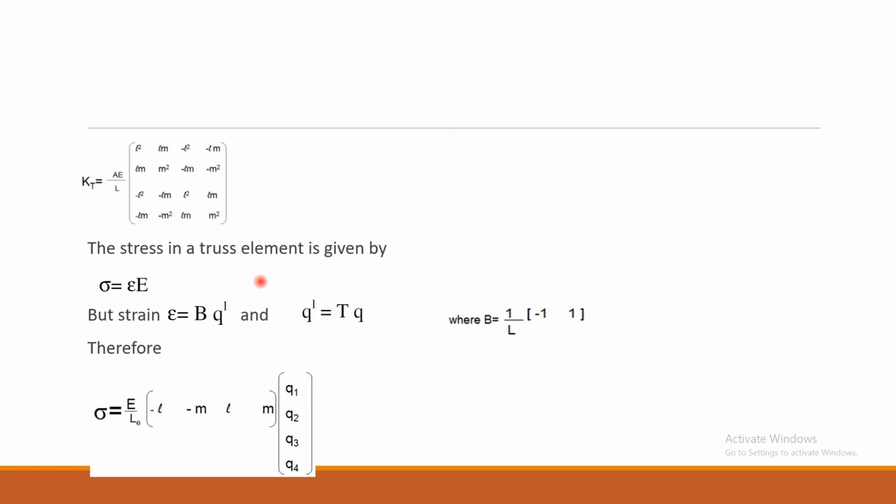And later, if I go for the derivation of the stiffness matrix, the stiffness matrix becomes a 4x4 matrix, by using the strain energy method.